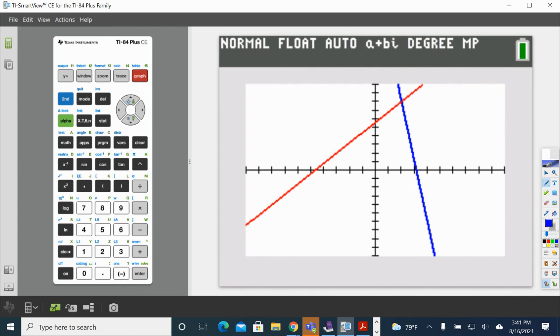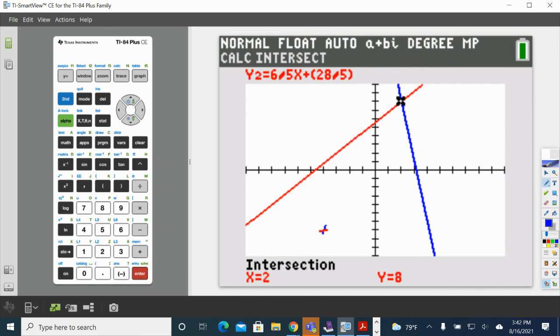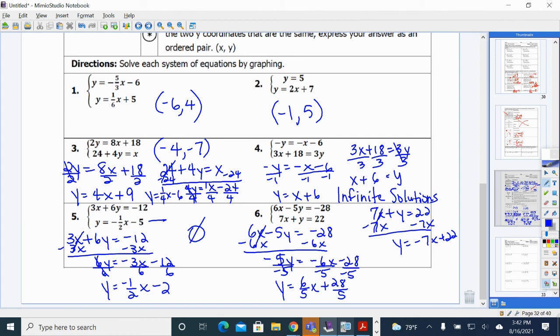And again, you can clearly see that these two lines are going to intersect at one point. Second trace, number 5, enter, enter, enter, and you get the intersecting point of 2, 8. So that answer was 2, 8.